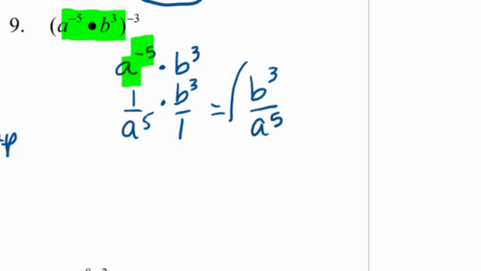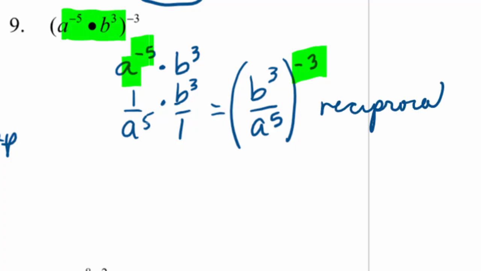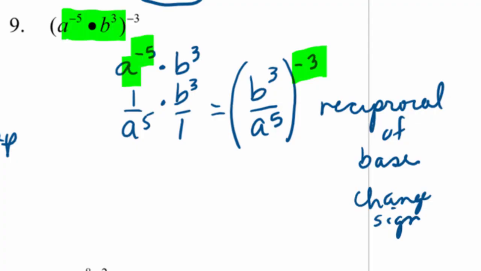And this is being raised to the negative 3rd power. Awesome. So guess what? We have a negative exponent out here. We are going to use the reciprocal of the base, and then change the sign of the exponent to a positive exponent, right? But the base now is a fraction. Do you see that?